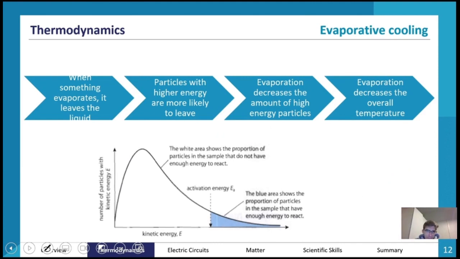Now, this is a Maxwell-Boltzmann distribution curve. You don't need to know a lot about this, but this is trying to indicate how in a bunch of liquid or in a bunch of gas, there will be particles that have a lot of energy, and there will be some particles that don't have that much energy.